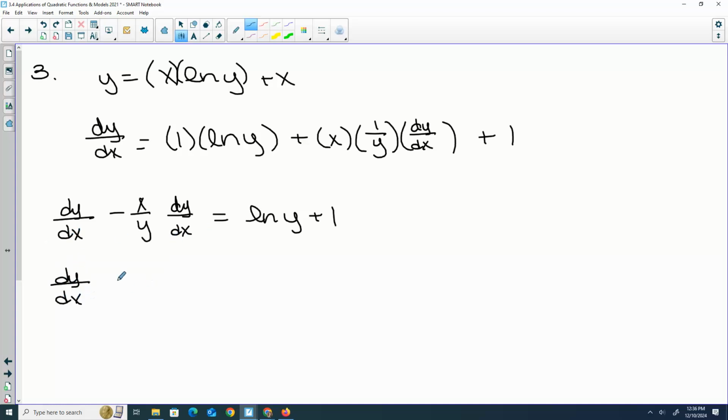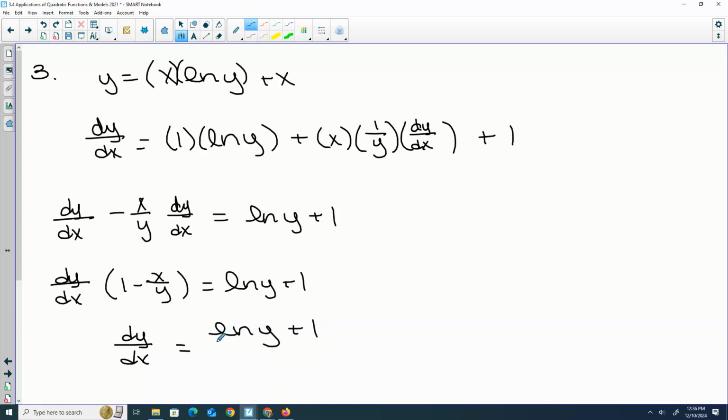So if I factor that out, that leaves us with 1 minus x over y. So then to get dy dx by itself, we divide. So we have the natural log of y plus 1 over 1 minus x over y.